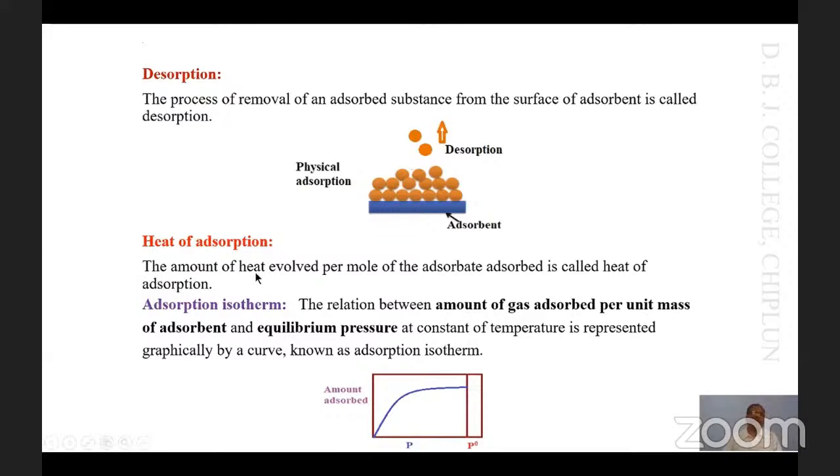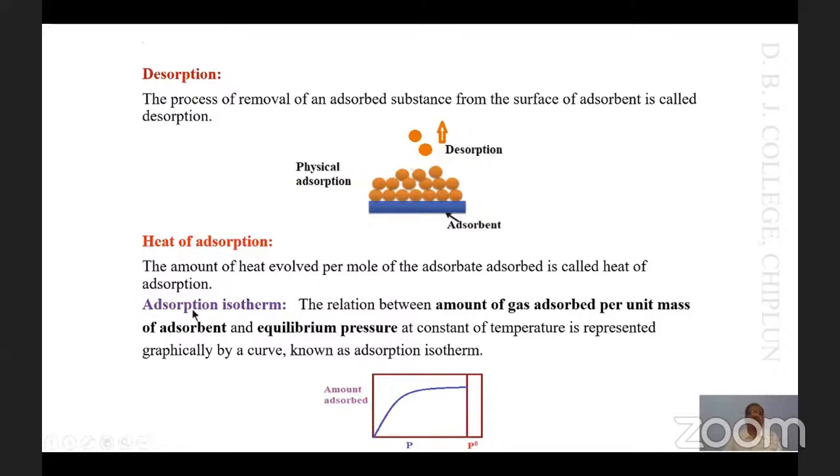See then, the amount of heat evolved per mole of adsorbate adsorbed is called the heat of adsorption or molar heat of adsorption.